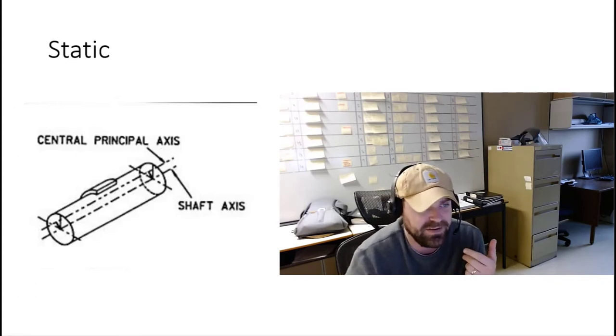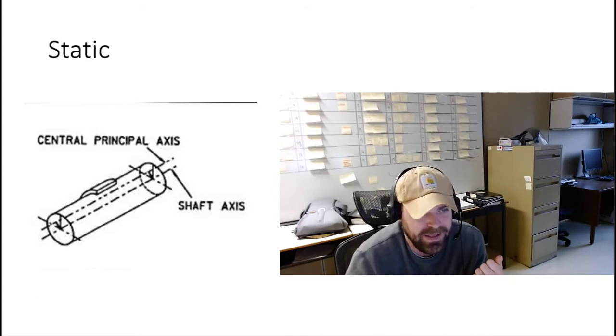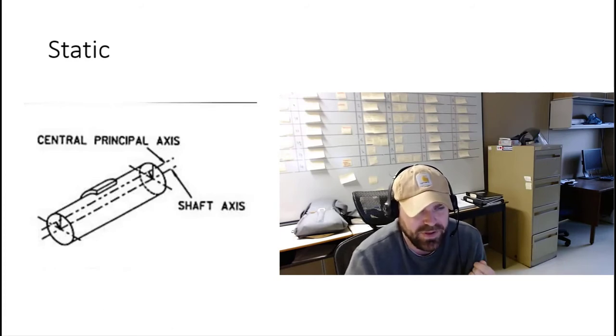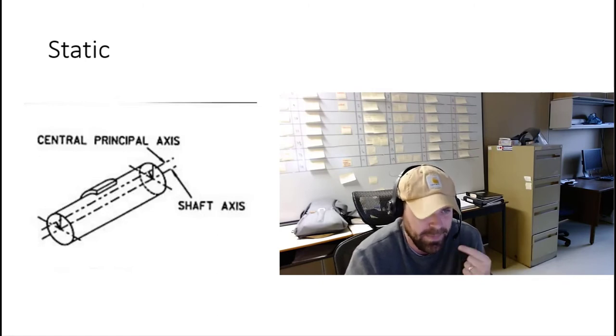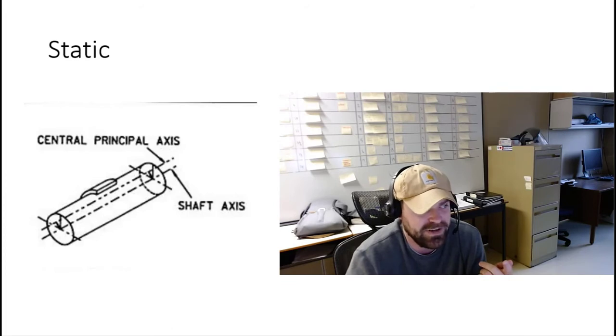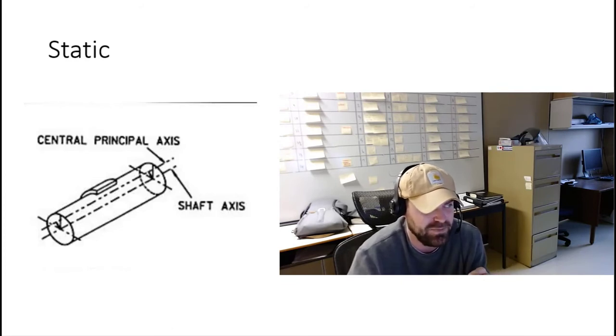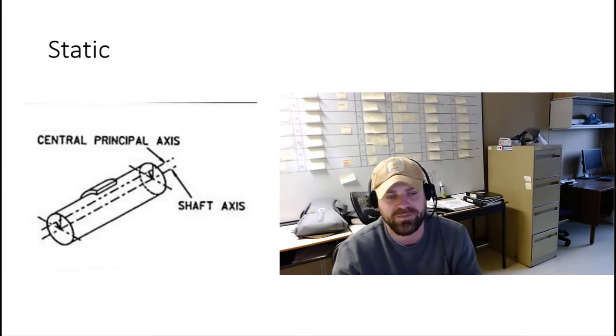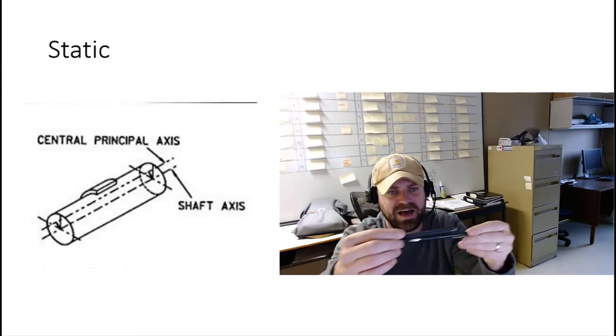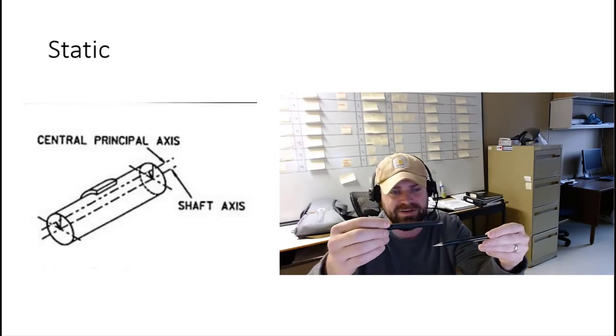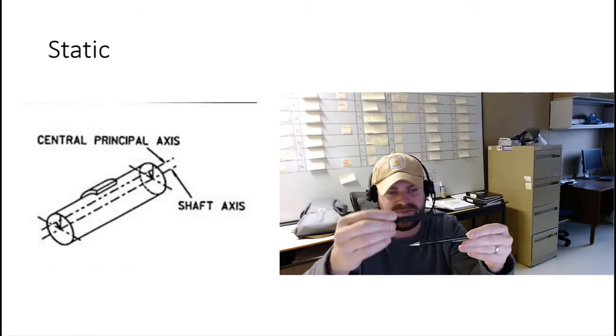So the first type of imbalance that we have here is static. Static imbalance is an imbalance condition where the central principal axis is displaced but parallel to the shaft axis. In the diagram, you can see that the shaft axis and the principal axis are in line, but slightly out, parallel to each other.